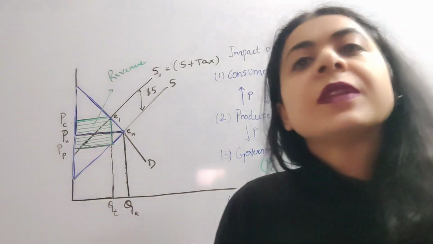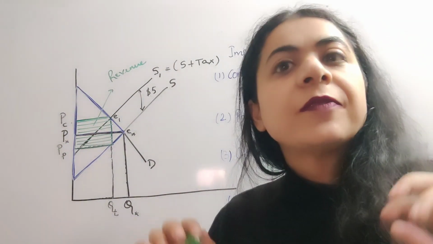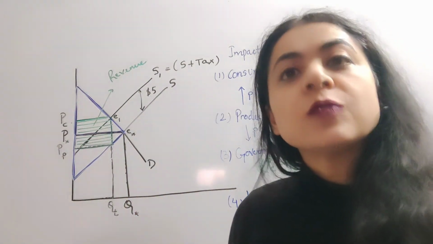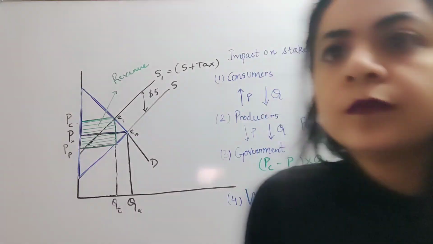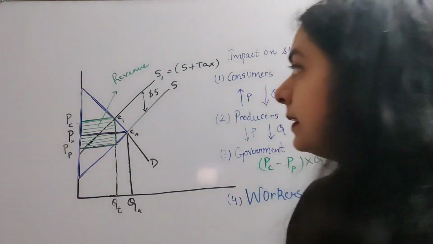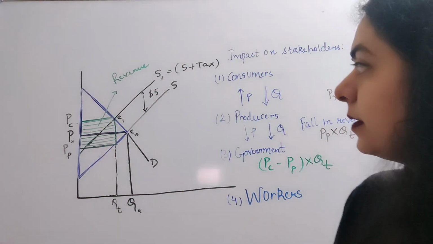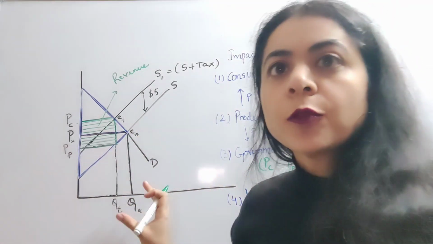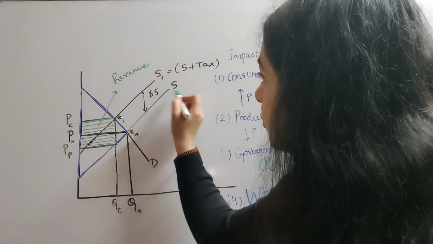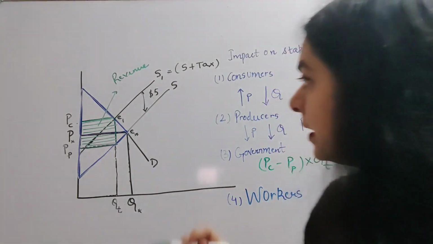Now let's see how this tax will lead to welfare loss and a loss in producer and consumer surplus in the society. Let's find out producer and consumer surplus after the tax. And please remember that in order to find out producer surplus, we will be considering the initial supply curve.